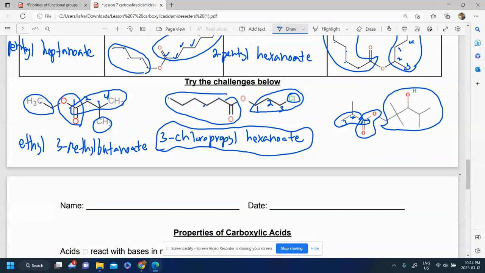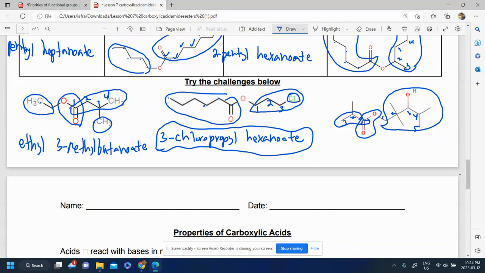So it looks like I have 1, 2, 3, 4, 5. 5 is my longest chain there. And I have to start by naming these substituents in the proper order. So I know I have a bunch of methyls and then a hydroxyl.